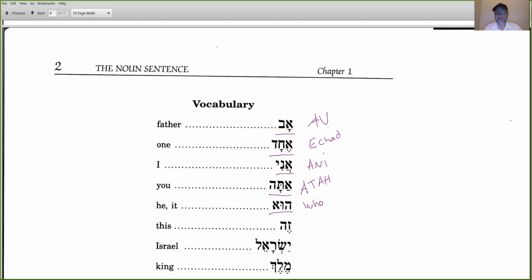Okay, and I'm transliterating these for you, so you know how I'm pronouncing them. Ze means this. Yisrael means Israel. Melech, M-E-L-E-C-H, means king.